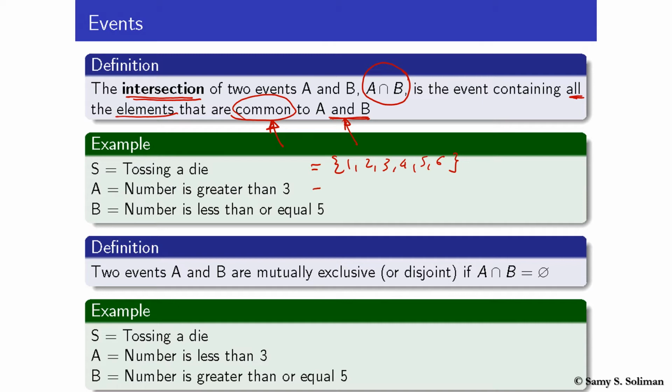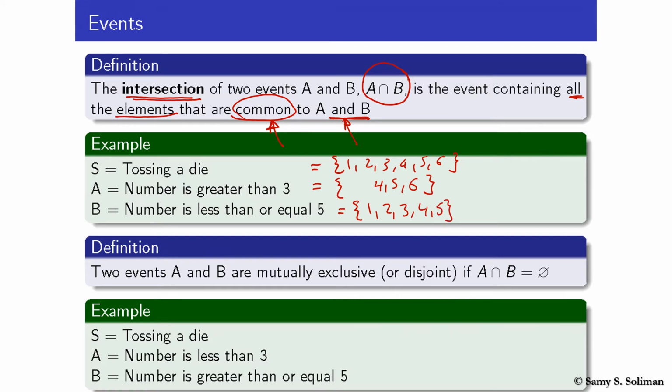So event A will be the set of elements 4, 5, and 6. And event B is defined as the event in which the number is less than or equal to 5. So that's 1, 2, 3, 4, and 5.